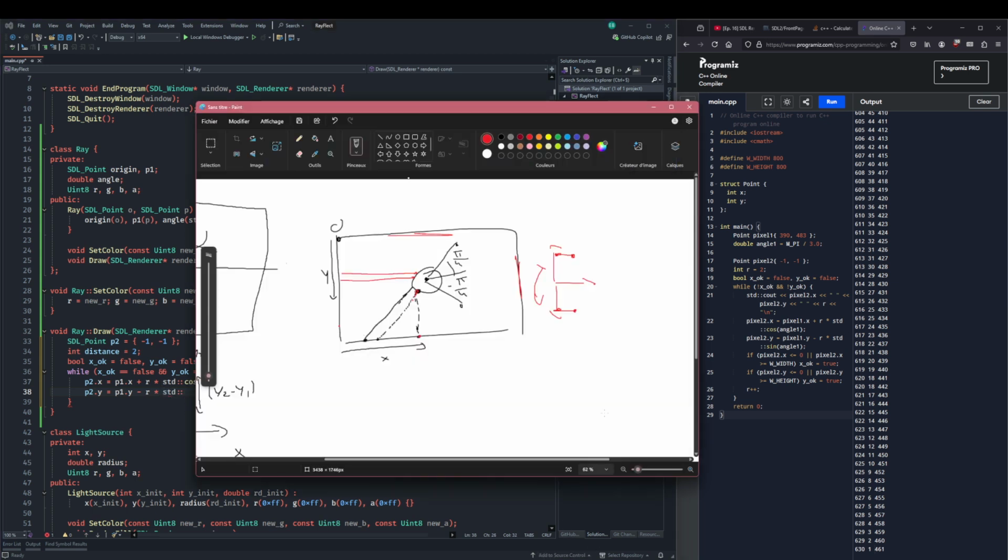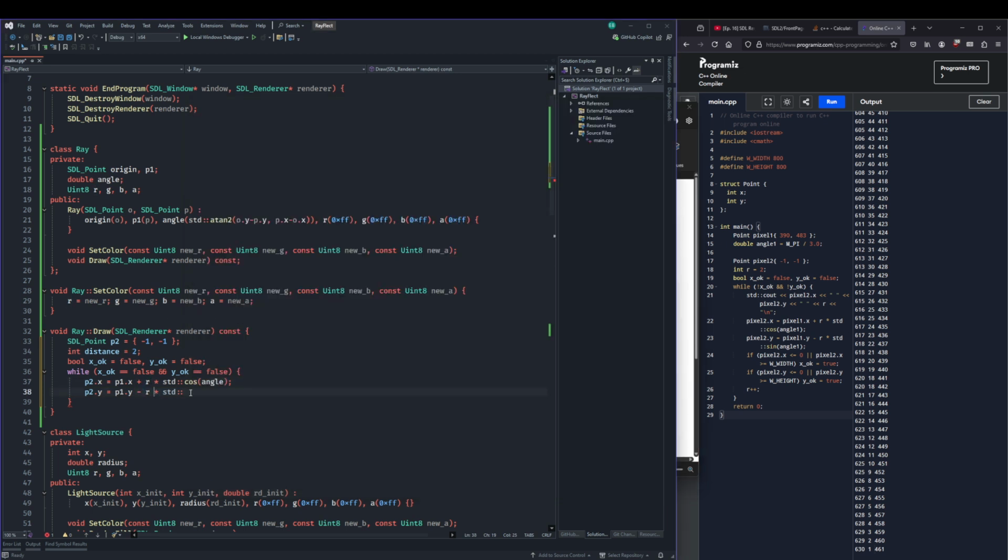Since our angle here is defined as positive and going in this direction, I'm counteracting this by adding a minus here. So I hope that makes sense.